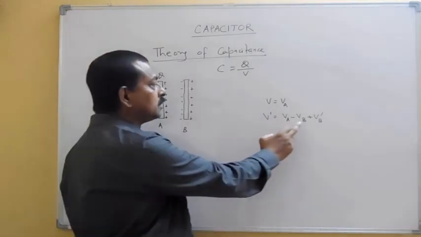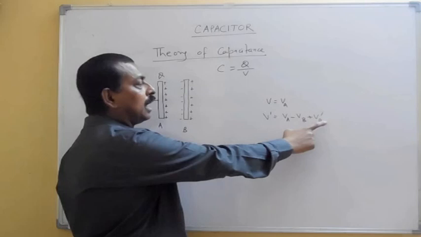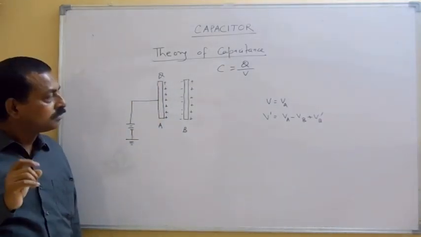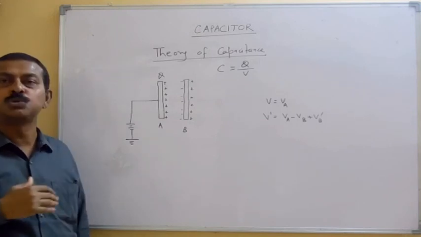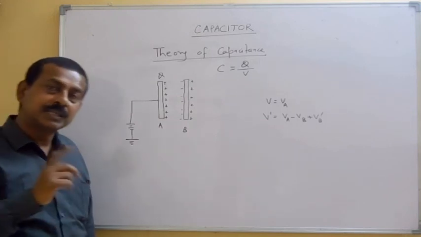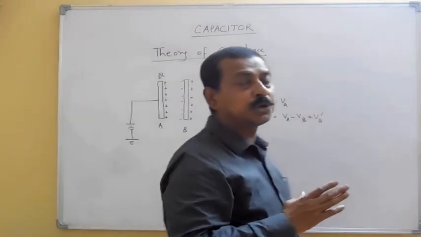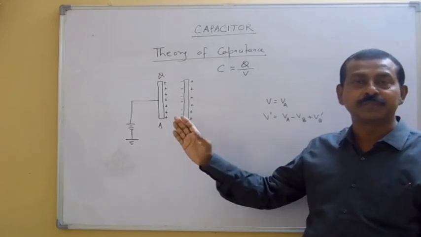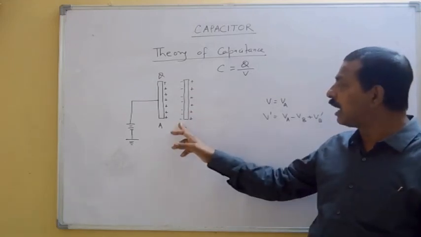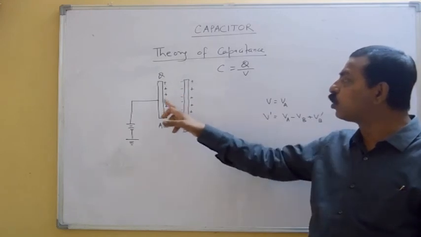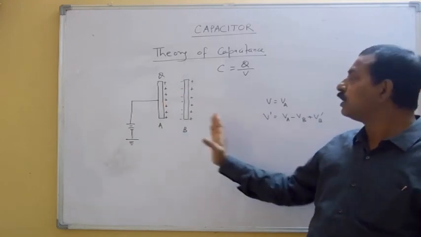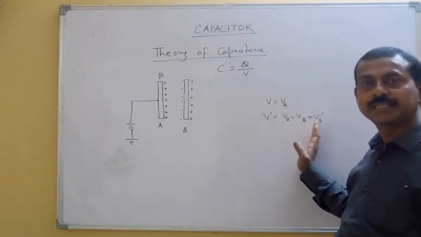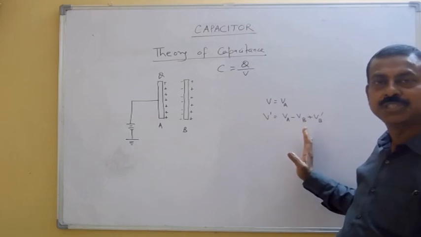Now you see, VB and VB dash, although they are due to charges induced on B, the negative and the positive charges which are induced are equal in magnitude and opposite in sign. Still, as the negative induced charges are closer to the system, the value of VB will be more than that of VB dash, which is due to the positive induced charge.